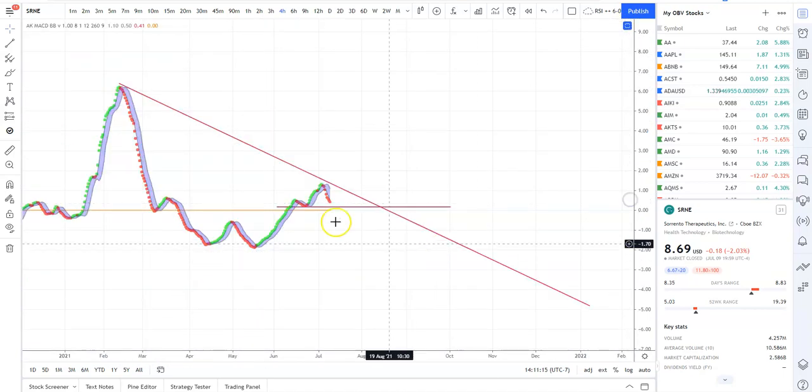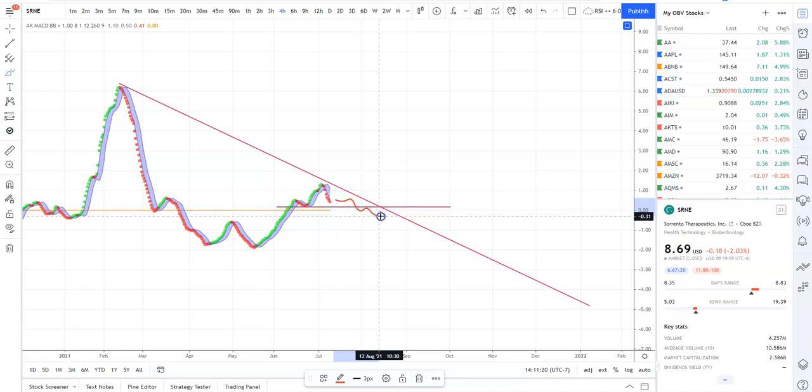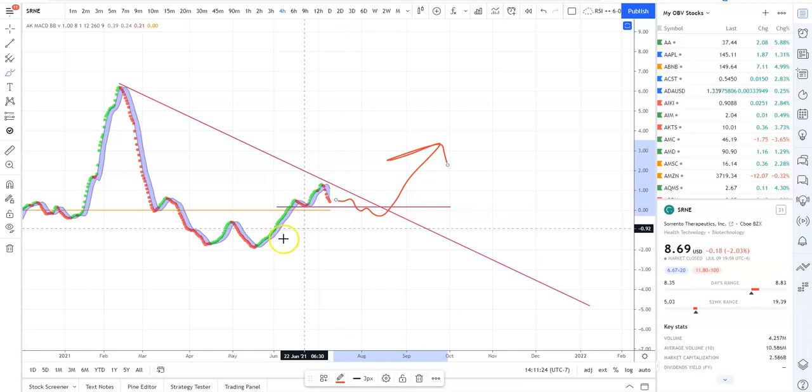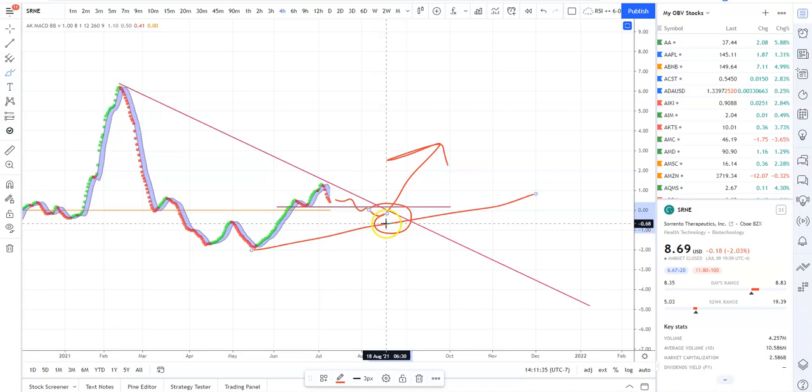You've got this downward sloping resistance line, and what I'm going to be looking for is on Sorrento, I think the big move is going to happen when we break this downward sloping resistance on a positive divergent bottom from these May 17th lows, somewhere in this area, perhaps maybe in the next month and a half, 2 months, something like that. So that's really where I'm targeting on Sorrento.